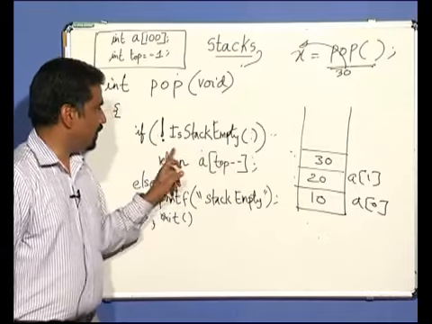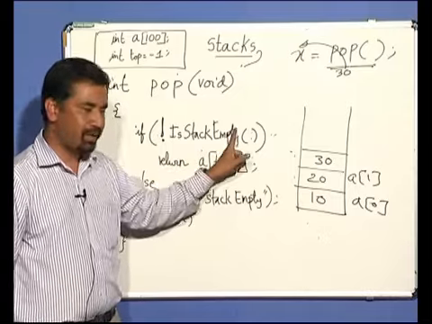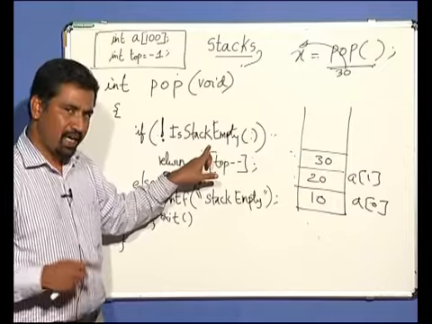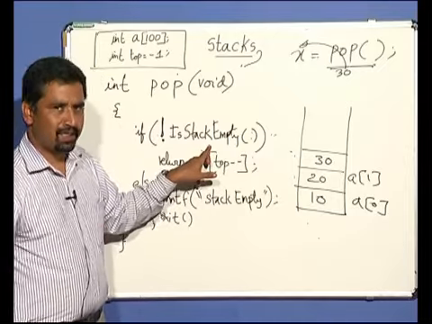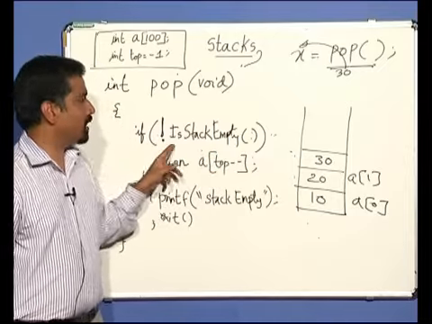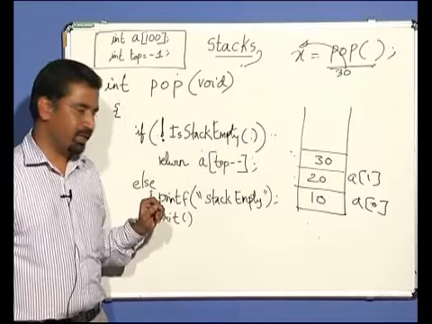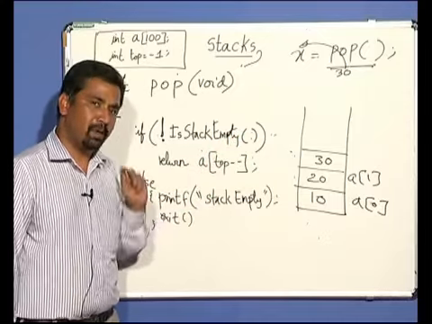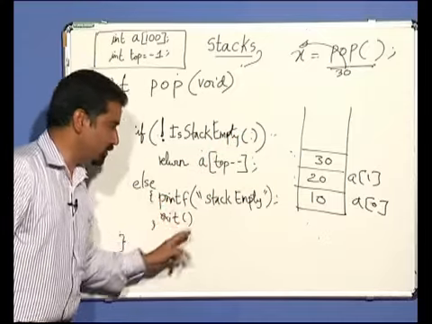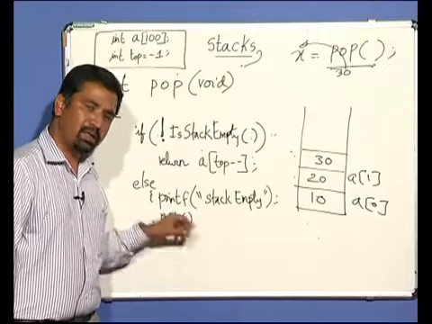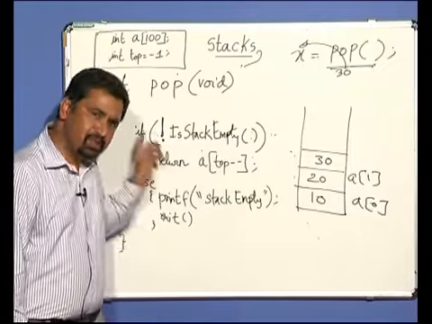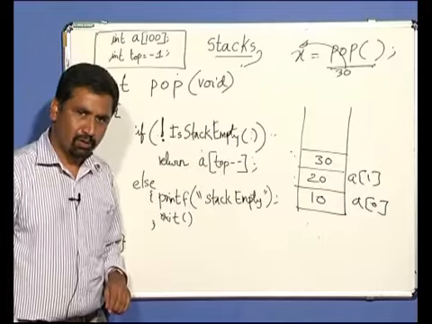Look at this statement here. This is a function call, is stack empty, that returns true if the stack is empty, false if the stack is not empty. So if not is stack empty, that is, if it is not empty, then you return the top element. Otherwise it is an error condition, just print stack empty and then terminate the program. So this is how we can generally write the code.